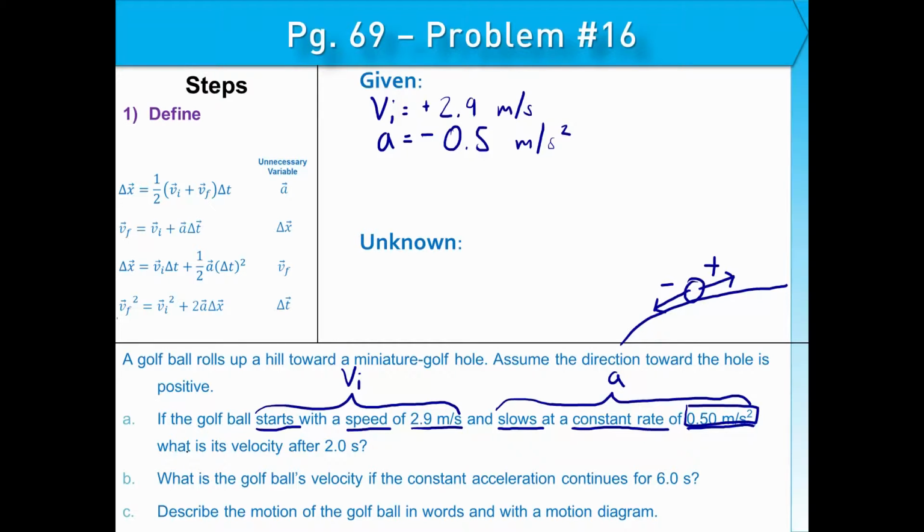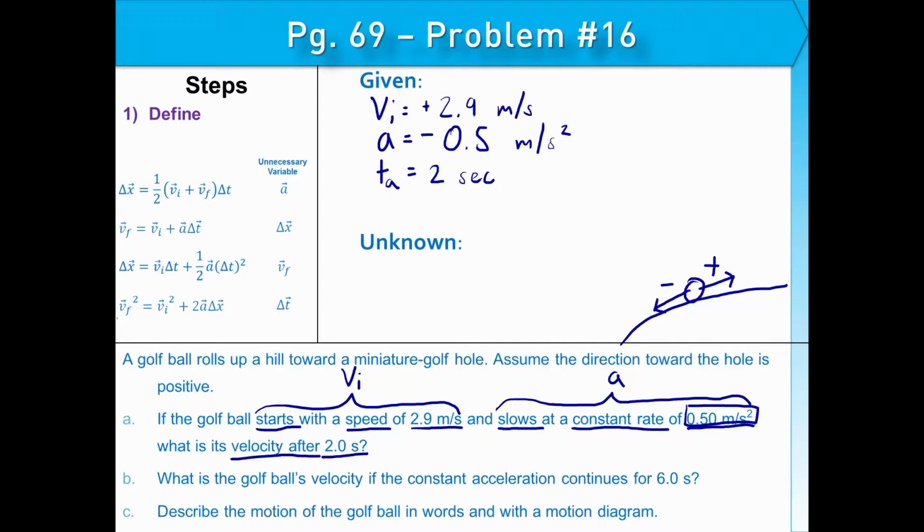What is its velocity after 2 seconds? Notice we're given time because the unit for time is here, seconds. So let's put time, with a little subscript A to refer to part A. So I'm going to put 2 seconds. But notice there are two more keywords here: velocity after.